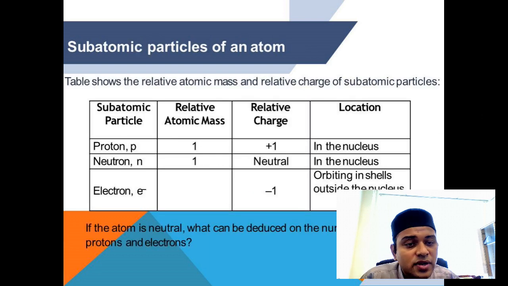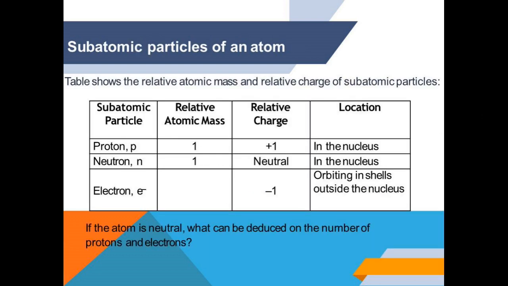Okay, as you can see over here guys, this table shows the relative atomic mass and the charges of the subatomic particles. By now you should understand that the atom consists of a proton, and the relative atomic mass is 1, and it has a positive charge, and it is located in the nucleus. That's generally true.